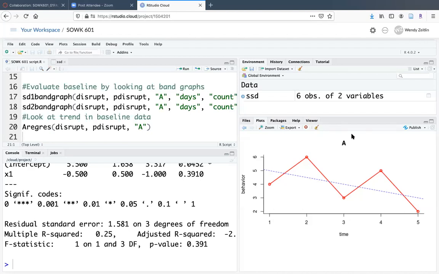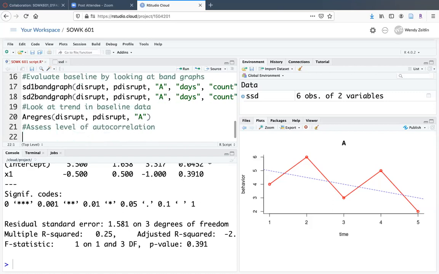behavior. So I'm going to annotate my script. Got to make sure my cursor's in here. And assess level of autocorrelation. And the command that we're going to use is abrf2, but then the parameters that come after that in the parentheses are exactly the same as what we have with aregress.